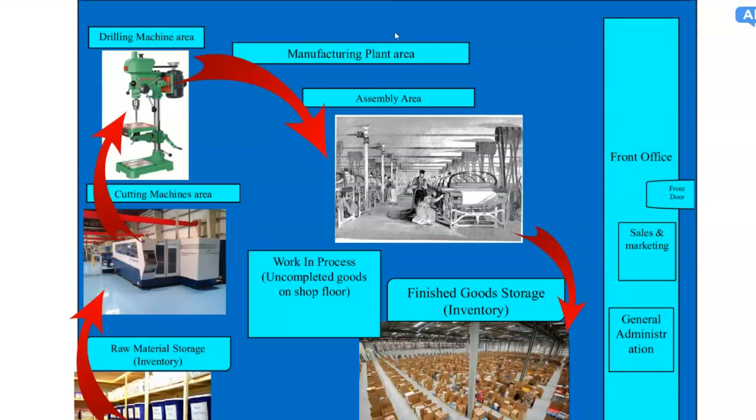So here we have a second category of inventory, and it's called work in process. It's not raw material because I've added labor and overhead. And it's not a finished product because it's not finished. Then, once it's finished, it moves into the finished goods storage area.